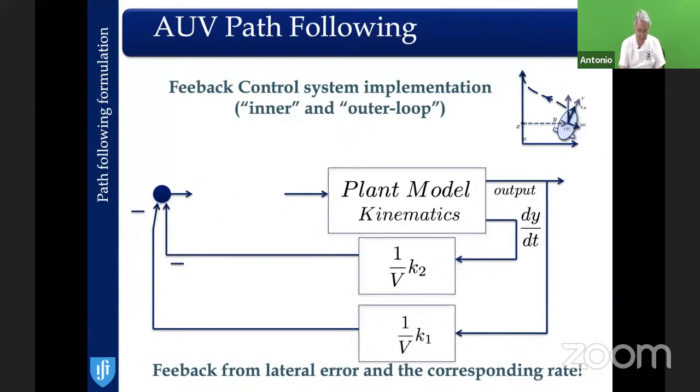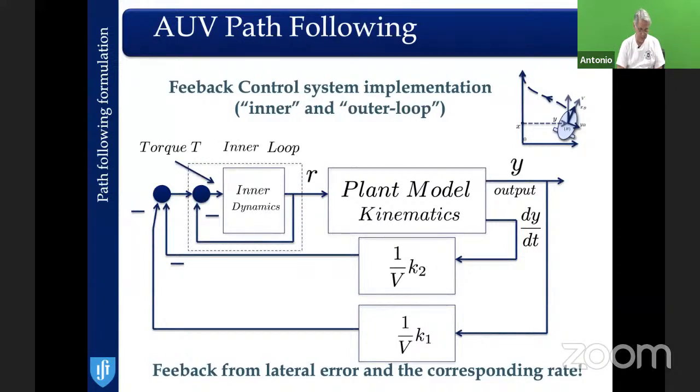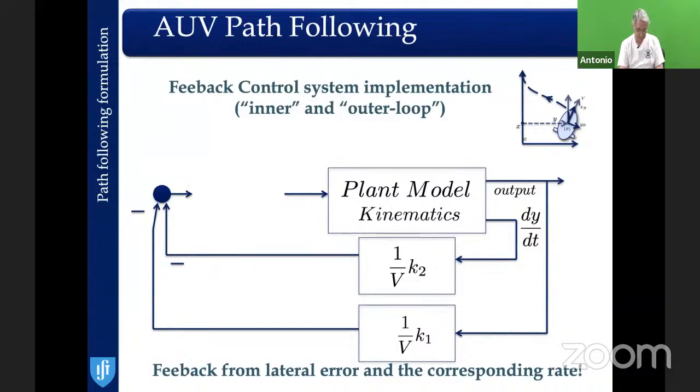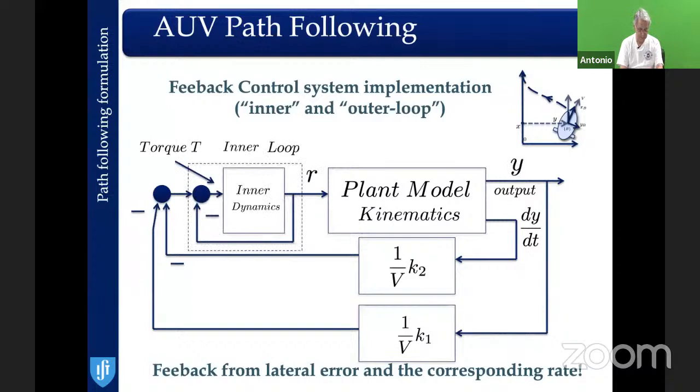Now, in practice, what is lacking here? Well, you see, here you have R, but now you have to control R. So when you give it the desired R in there, then you go to the inner dynamics of the system.